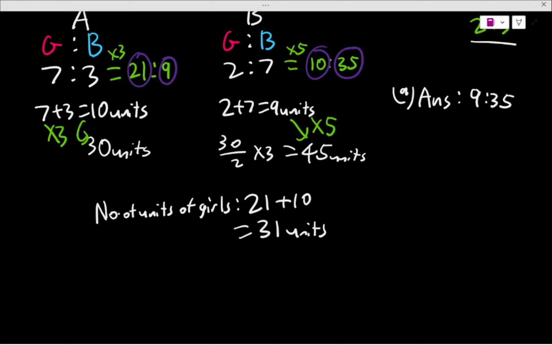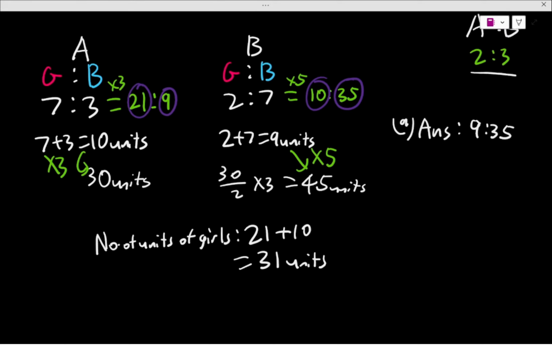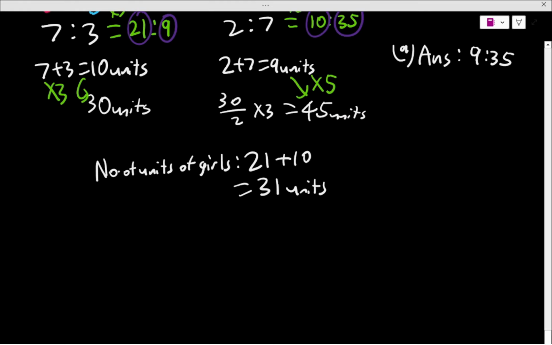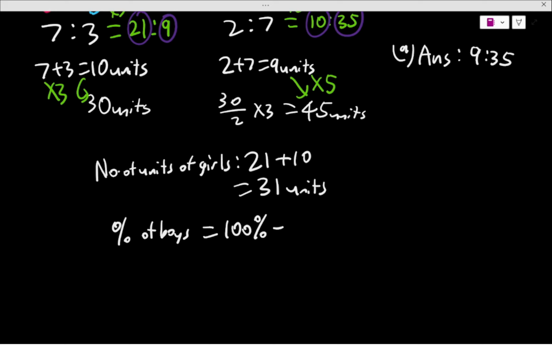Okay, not too bad. This makes up 62%. So what percentage of boys is left? Well, the percentage of boys should be 100% minus 62%, which gives us 38%.